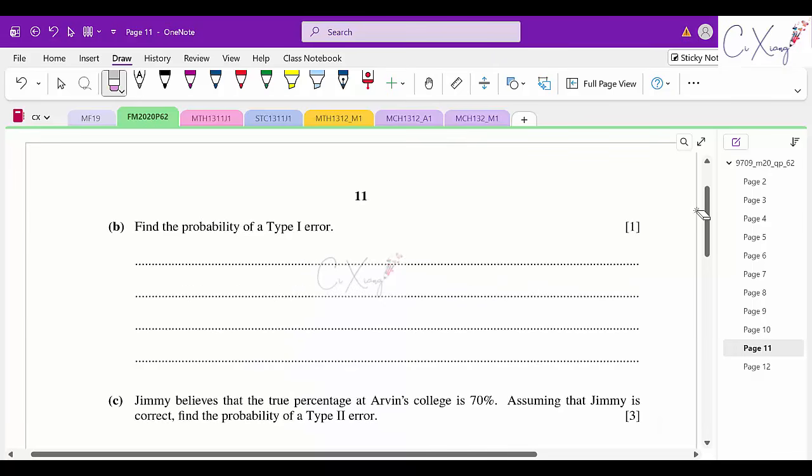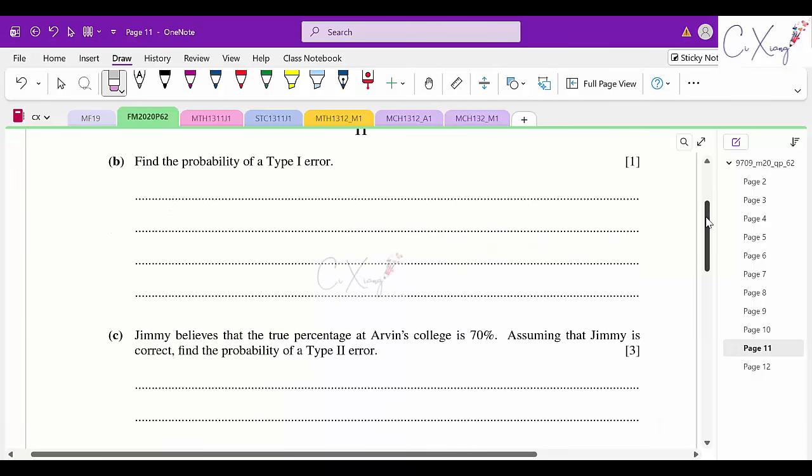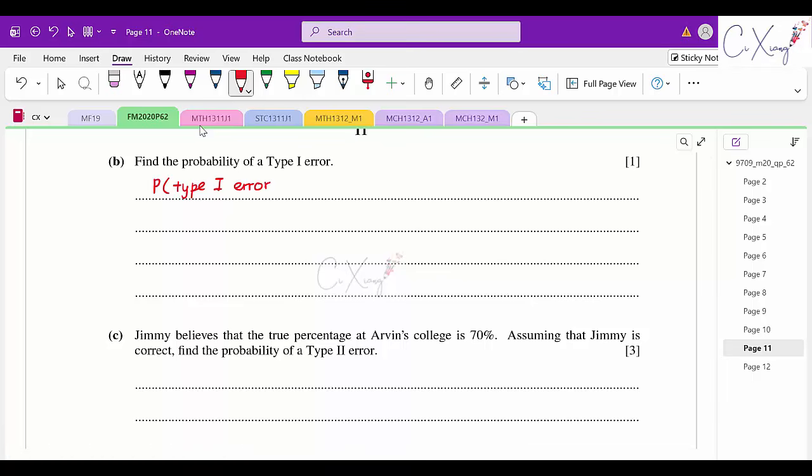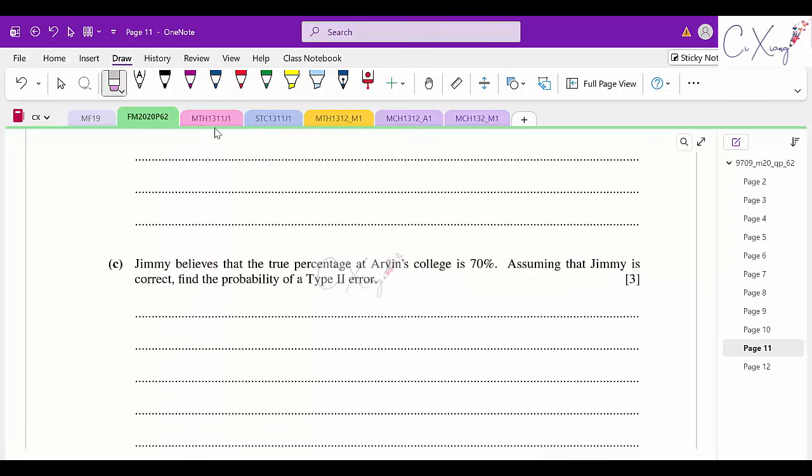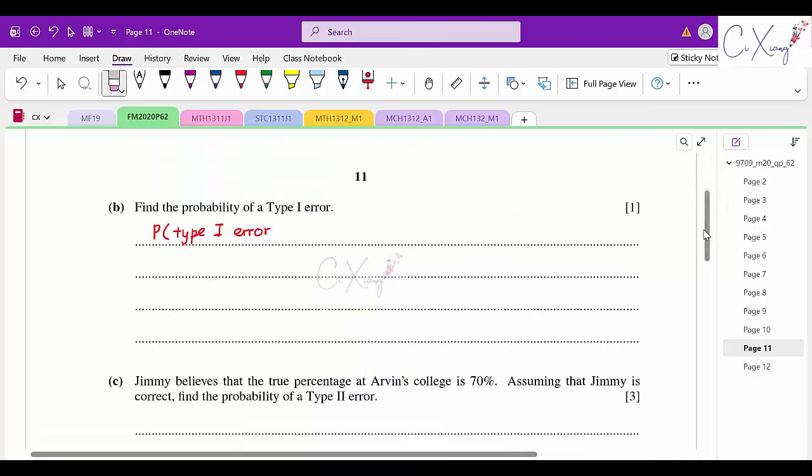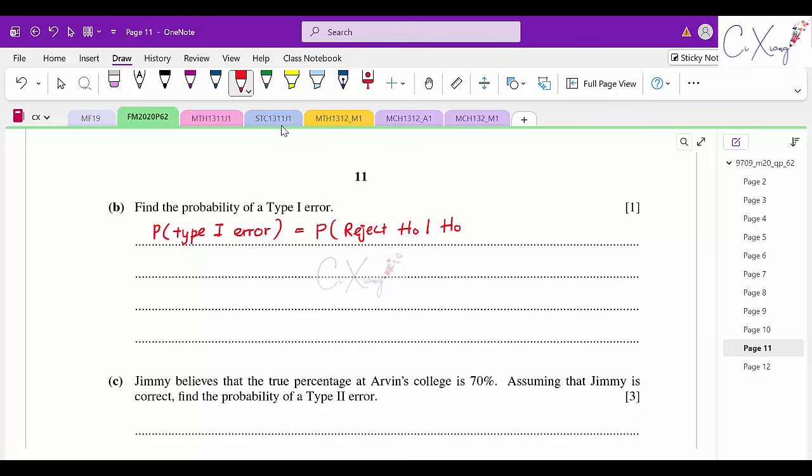For the next part, they want you to calculate the probability of a type 1 error. What's the definition of a type 1 error? Basically, you need to memorize it, because it will be very helpful for you to calculate it. Type 1 error is rejecting the null hypothesis when the null hypothesis is true.